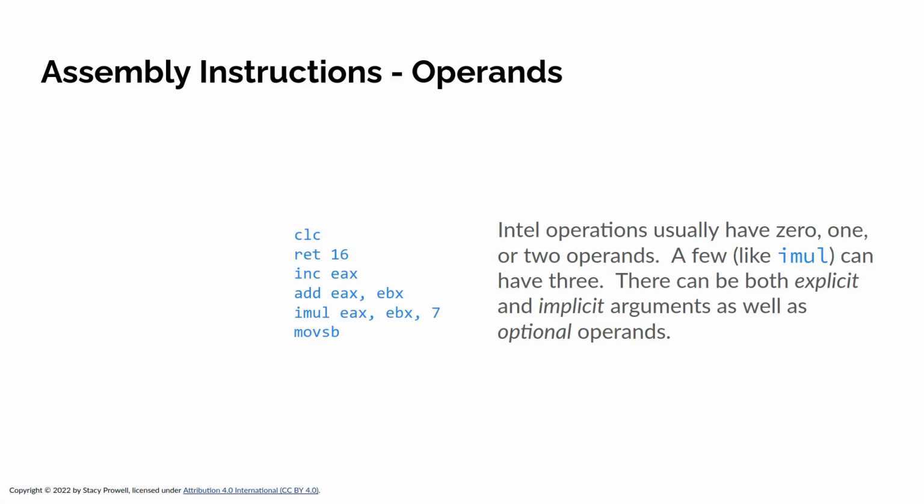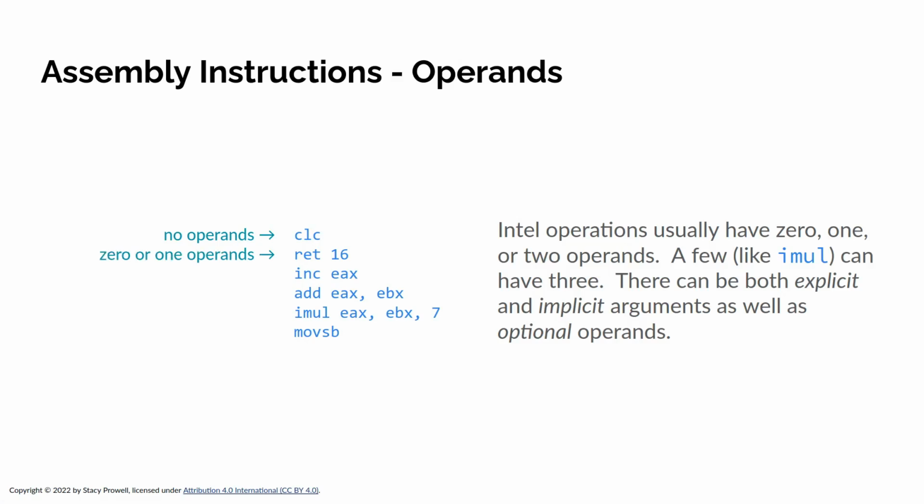So the Intel operations typically have 0, 1, or 2 operands. There's a few like IMUL that can have 3, and they can be explicit or implicit. So the first instruction here is the clear carry. This clears a flag in the flag register called the carry flag, sets it to 0, and it has no operands or arguments.